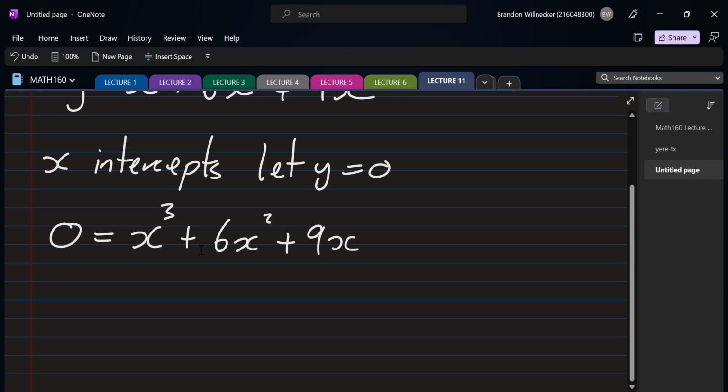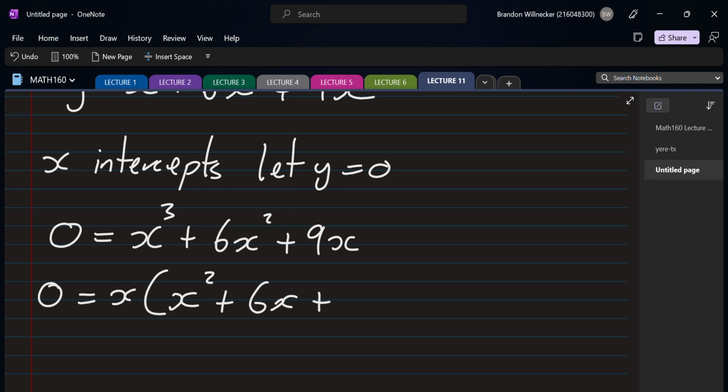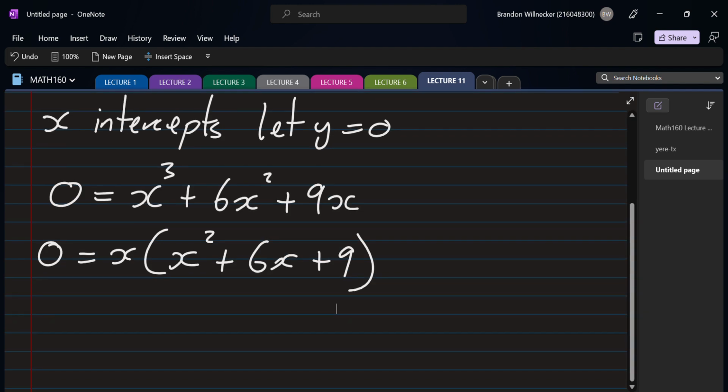Okay, now we've got a cubic that we need to factor. This one's not so bad because we see that each term has an x value that we can factor out. So we can do that first. So x into x squared plus 6x plus 9. Okay, so sometimes it will be a bit easier. So here we just took out an x. Sometimes it will be a bit more difficult, but you'll see what you get.